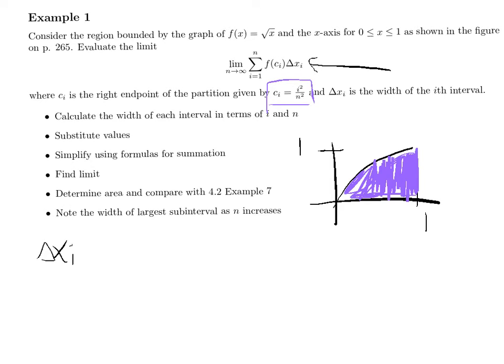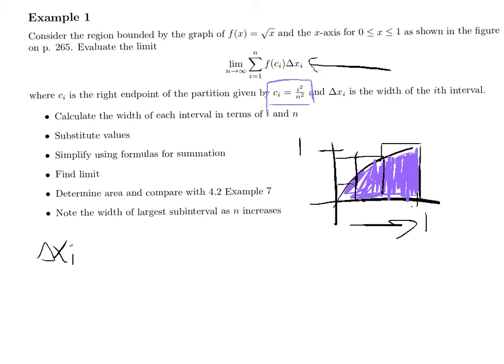Probably the easiest way to do this is to draw a couple. You'll notice since c sub i is a function of i, as i gets bigger, c sub i gets bigger quickly because it's i squared. So as we move to the right, our rectangles' widths should also increase.